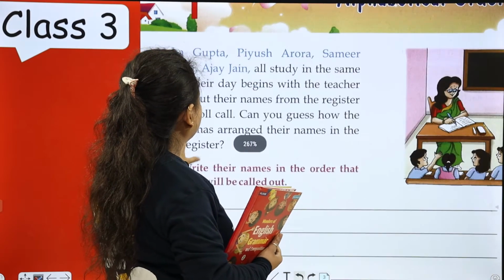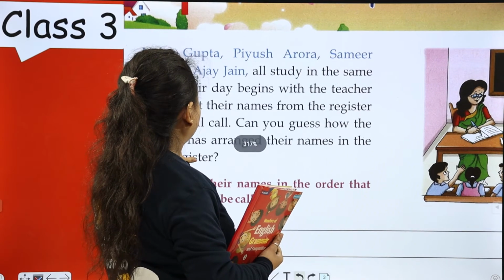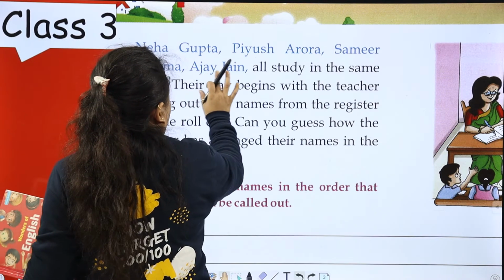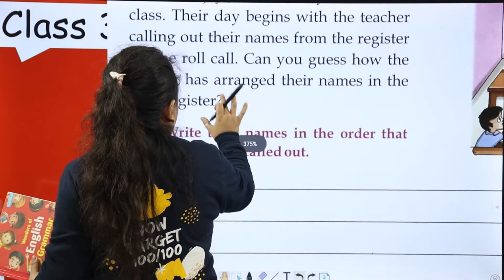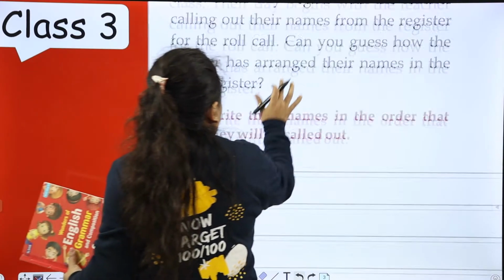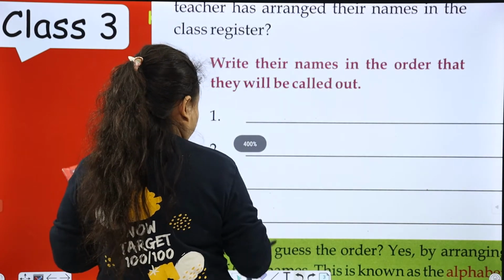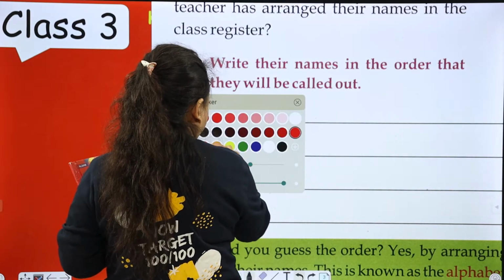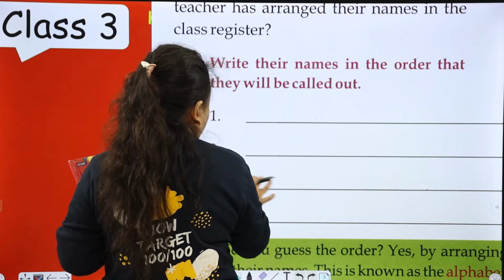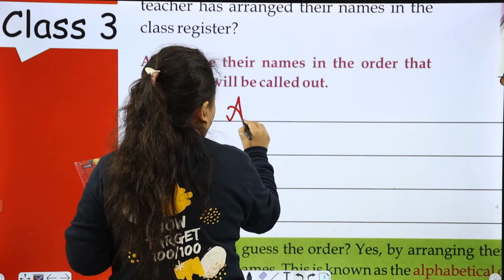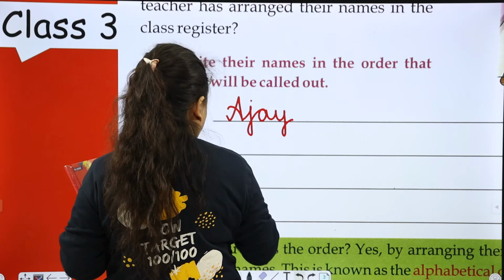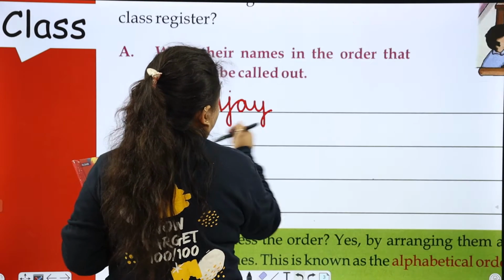So, now I am going to start from Ajay Jain, because this is the first letter A. So, I am going to start with Ajay Jain.